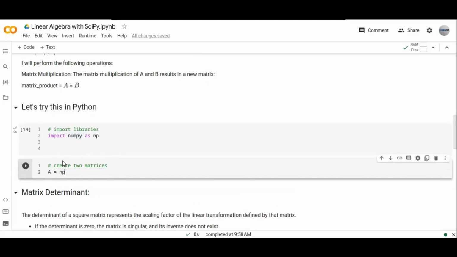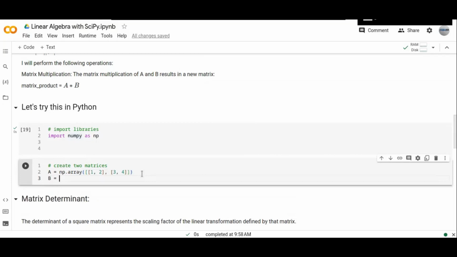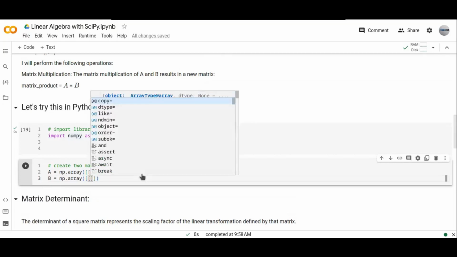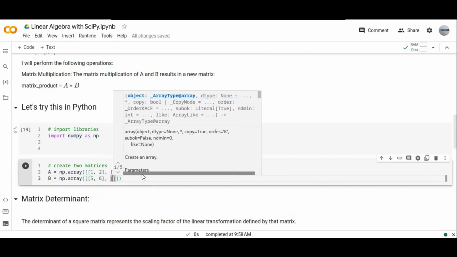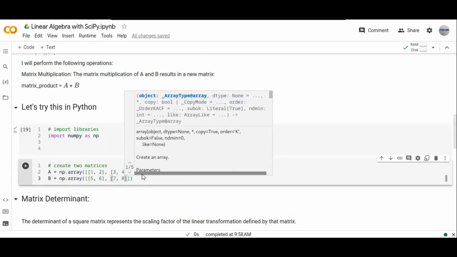Matrix A is np.array 1, 2, and 3, 4. And the matrix B is 5, 6, and 7, 8.